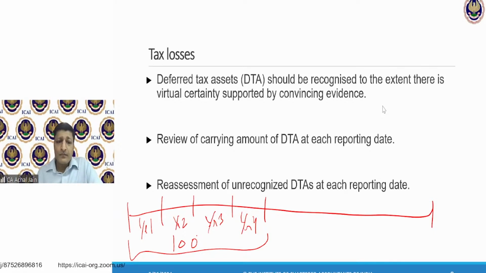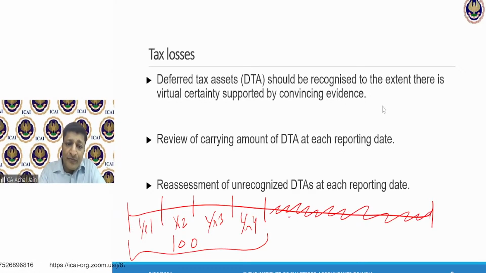In the future years, starting from year 5, if the company starts making profit, then all of these tax losses will be allowed to be adjusted against those profits, and thereby the company will not be required to pay tax in the future years.